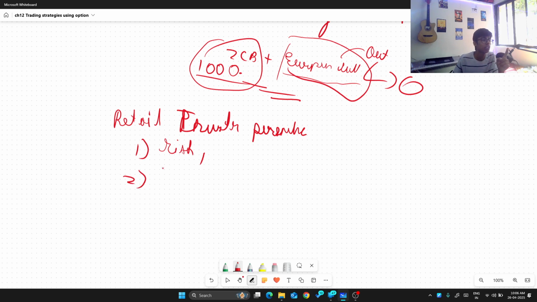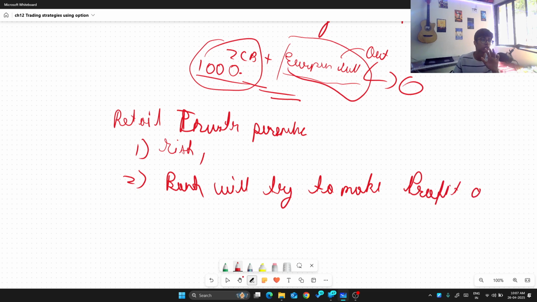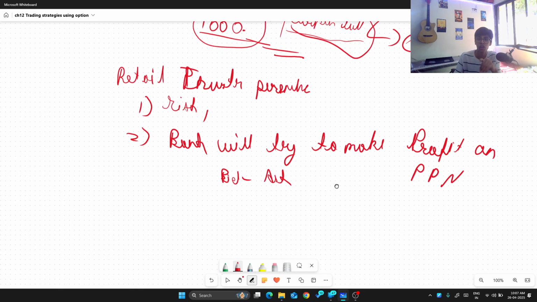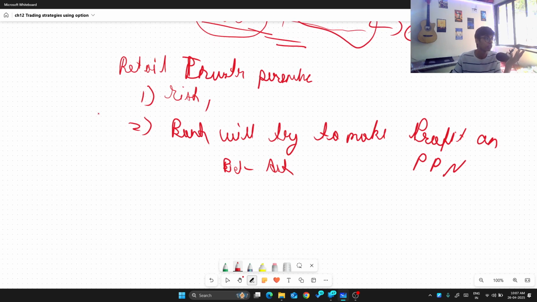Second, you have to think that the bank will try to make a profit on your PPN. The cost of buying the zero coupon bond for 1,000 or the European option will be less for the bank, so there is a bid-ask spread. The bank will buy for less and sell for more because the bank has to make a profit.